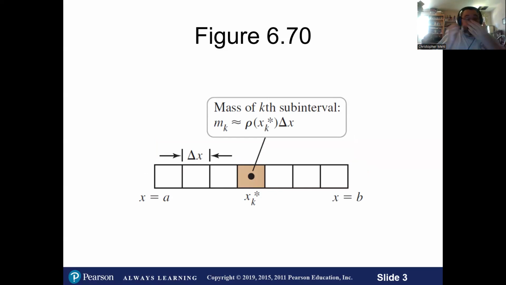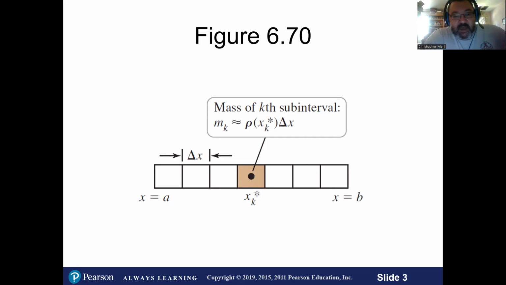This is the same technique that we apply with everything with integration: I take my interval, in this case my bar, and chop it into pieces. I chop my bar into n pieces, and each one has width delta x, which would be (b minus a) over n.